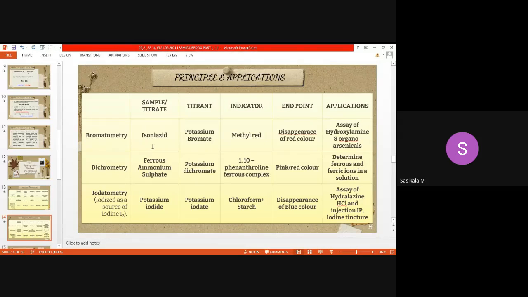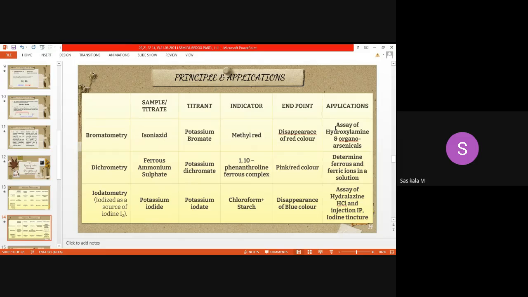Isoniazid is an anti-tubercular drug. It is titrated against potassium bromate as titrant. Here methyl red is used as indicator, and disappearance of red color is the endpoint.